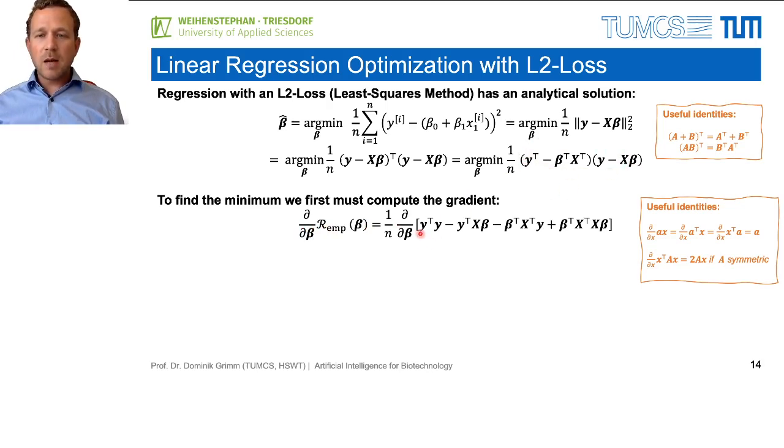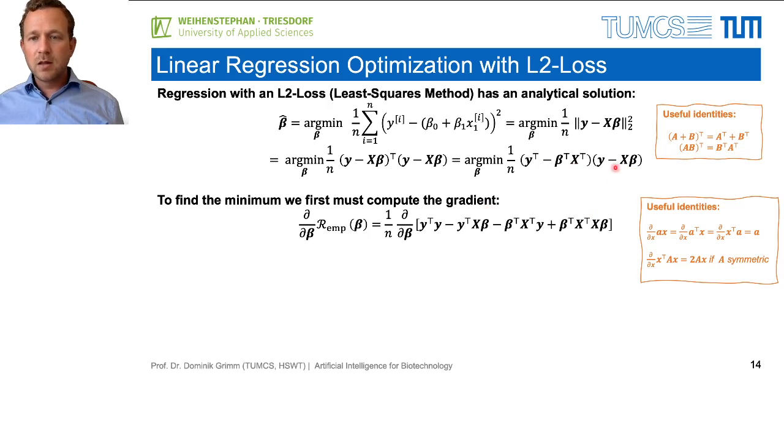So we rewrite this expression by multiplying it out: y transposed times y, minus y transposed times x times beta, minus beta transposed times x transposed times y, plus beta transposed times x transposed times x times beta.